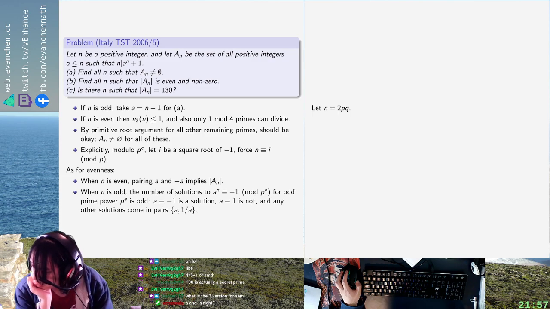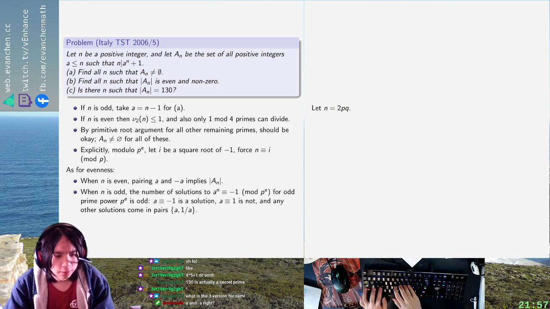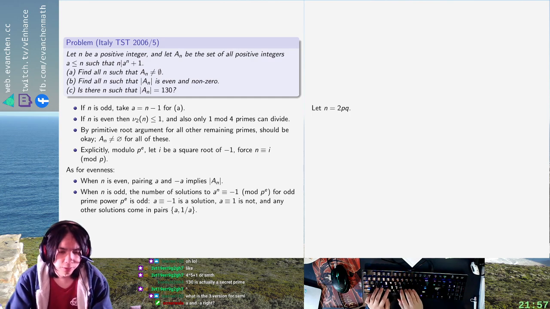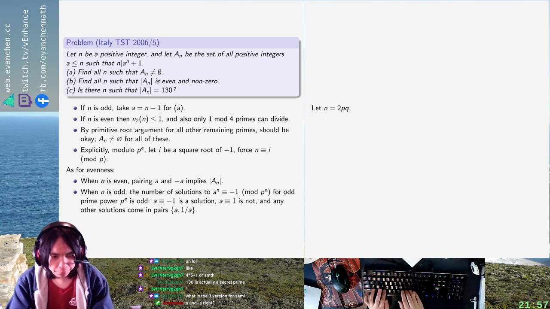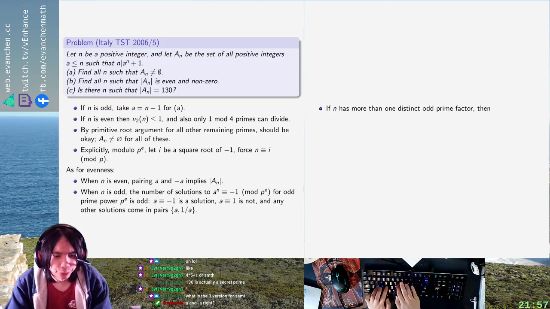Okay, so actually something's weird. For n to equal 130, n can only have one prime power, right? Because otherwise it's divisible by 4. So if n has more than one distinct odd prime factor, then a^n is divisible by 4, and that's no good.